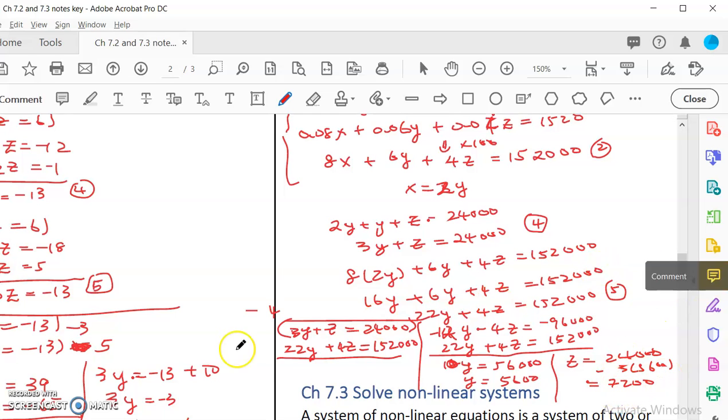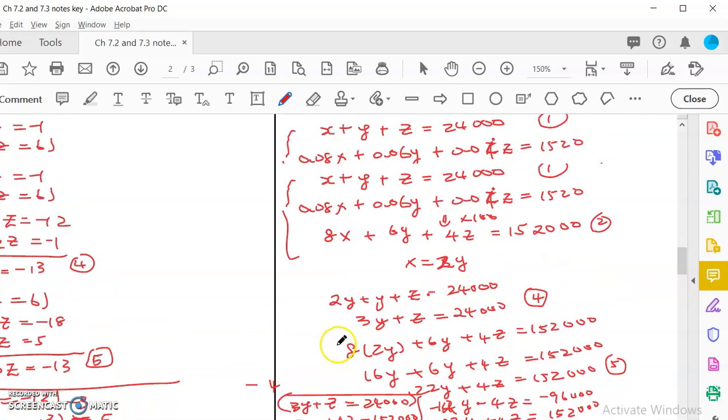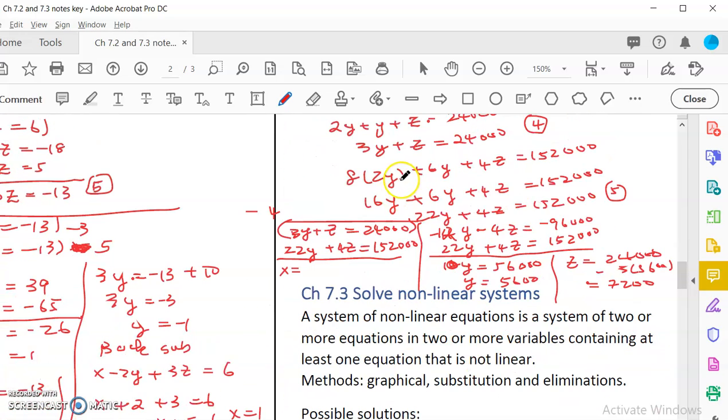Right? So x would equal, back substitute, right? x plus y plus z is 24,000. So you would say 24,000 minus 5,600 minus 7,200. That's 11,200.